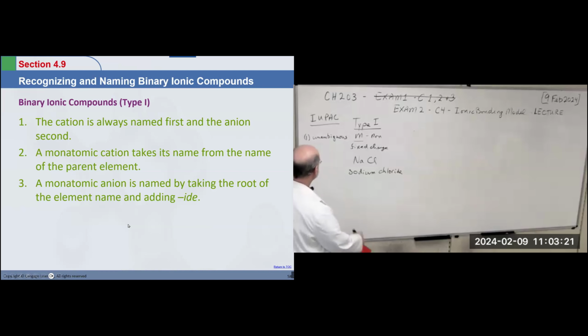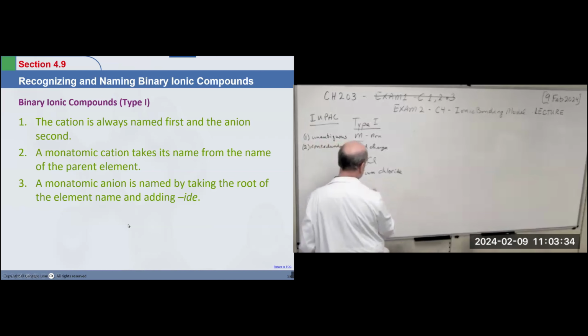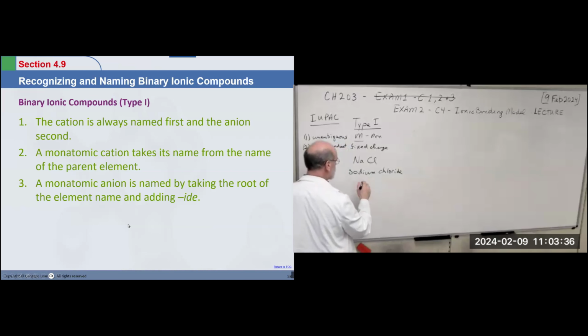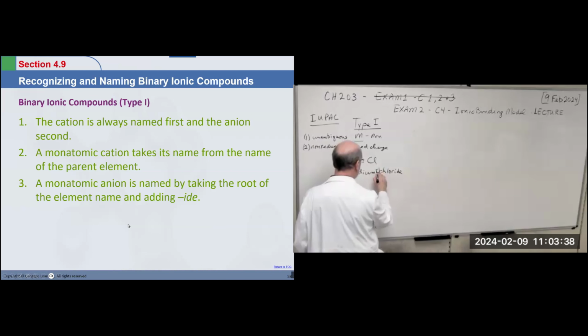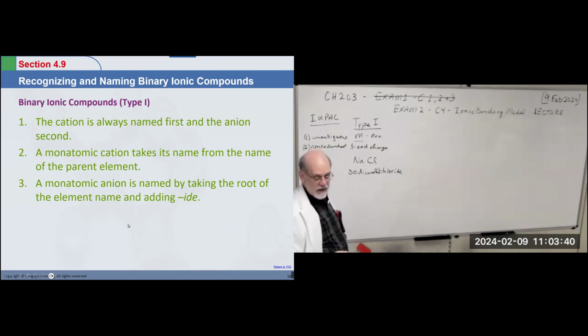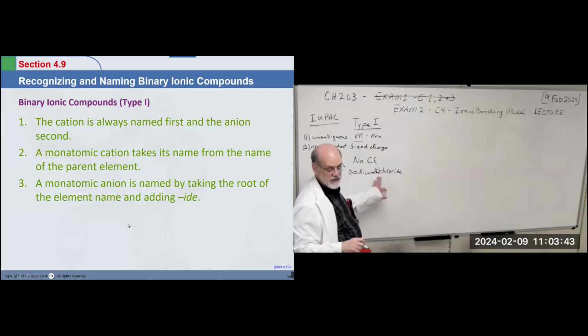The second rule is it's non-redundant. We don't want to put something in the name that's already there. So we would not say sodium, Roman numeral 1, chloride. That Roman numeral is there to say that the charge on sodium is +1.